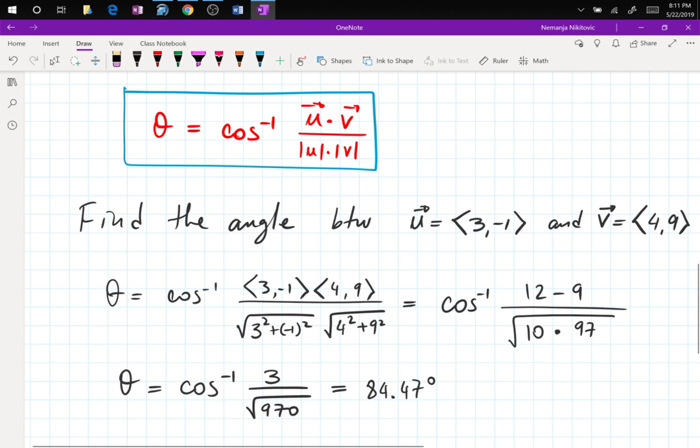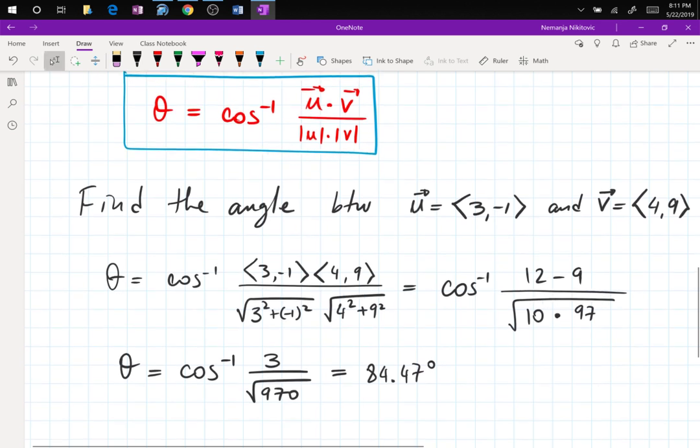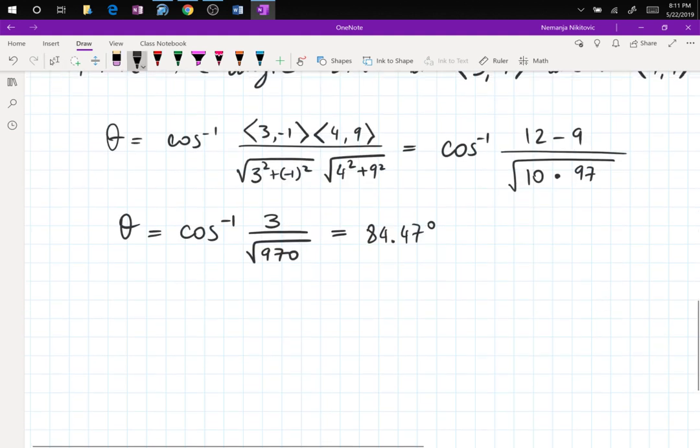So we can find the angle between two vectors by simply running this formula and calculating. Now, this has an amazing theorem.